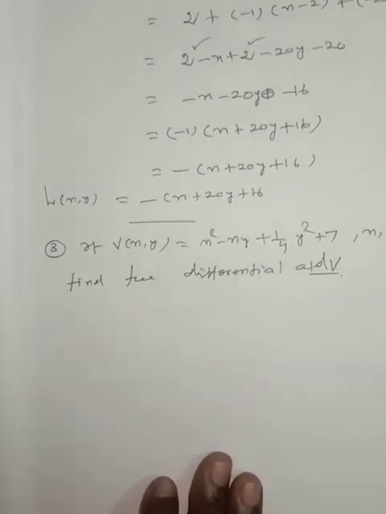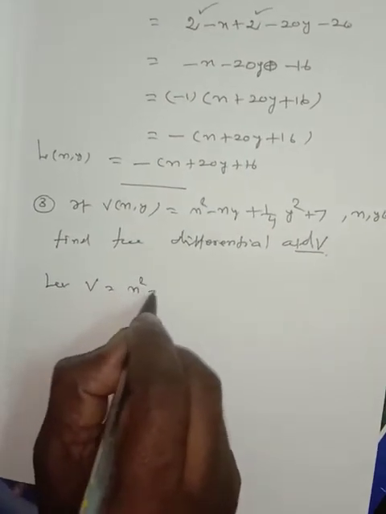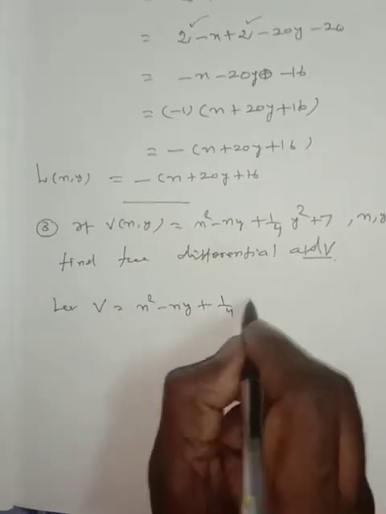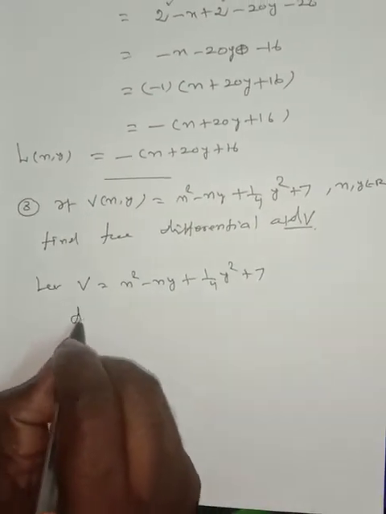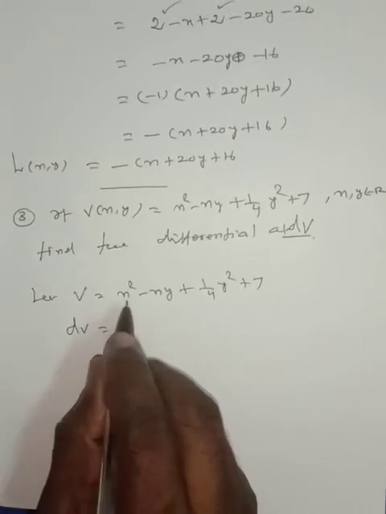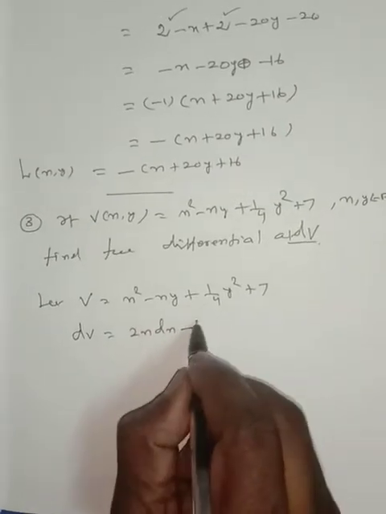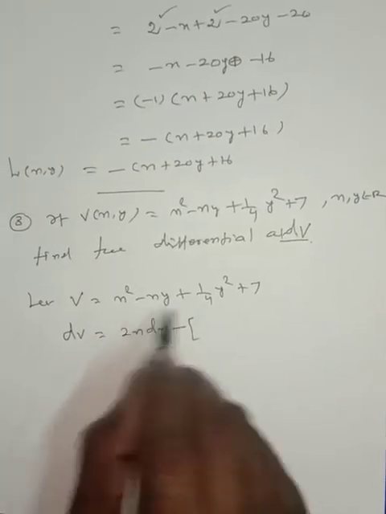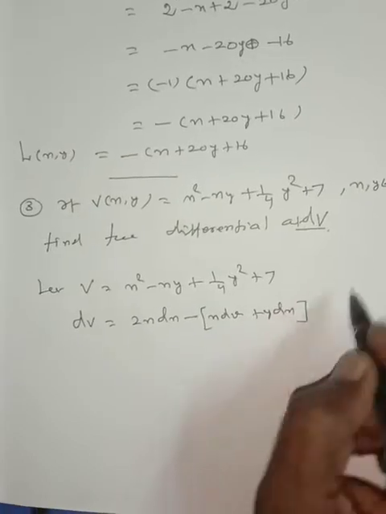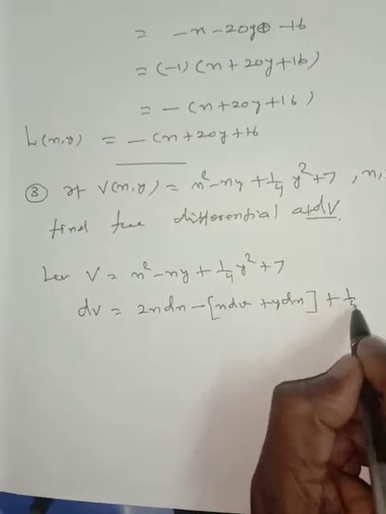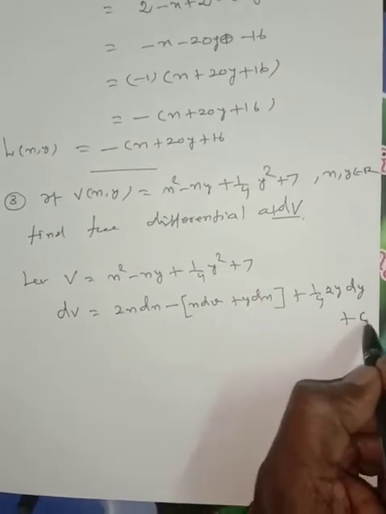Let v(x,y) = x² − xy + (1/4)y² + 7. Differentiate v: dv = 2x dx − (x dy + y dx), using the product rule, since x and y are the variables, plus (1/4)·2y dy, plus the constant whose differentiation is 0.